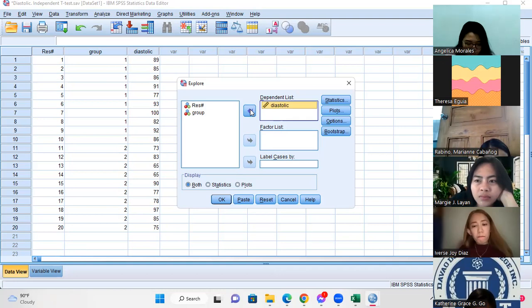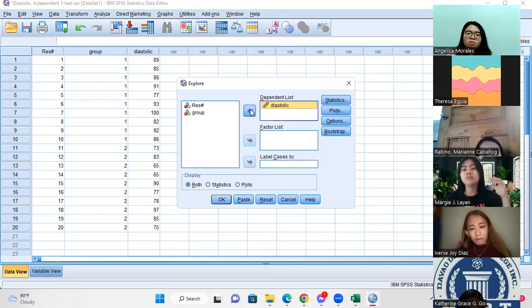Trial, ma'am. Parang virus kasi yung lumalabas kung i-open ko, ma'am.